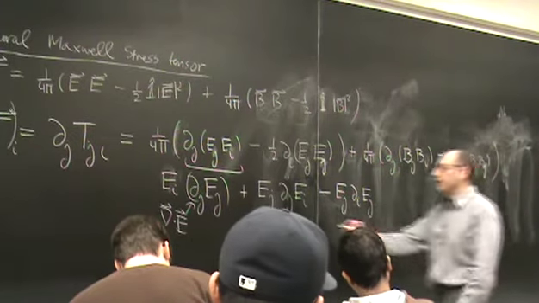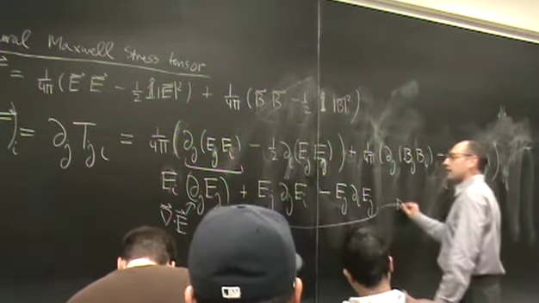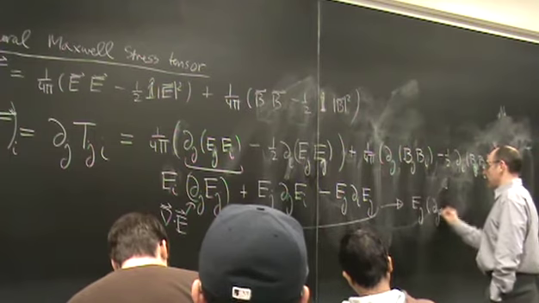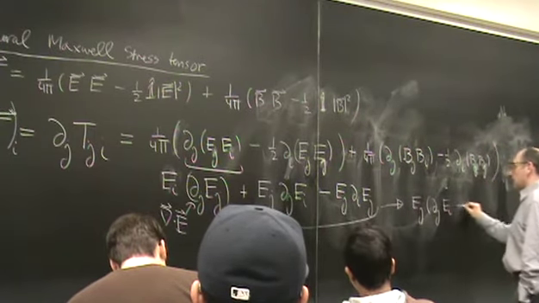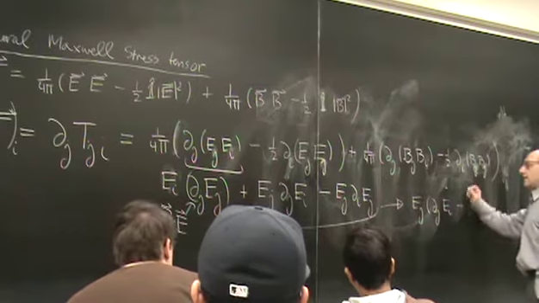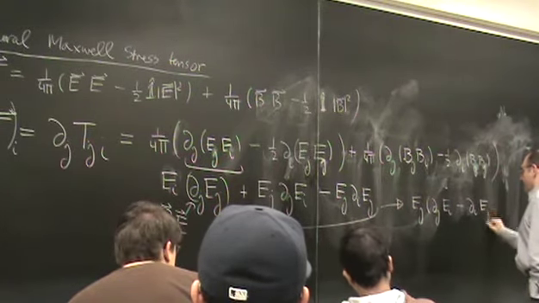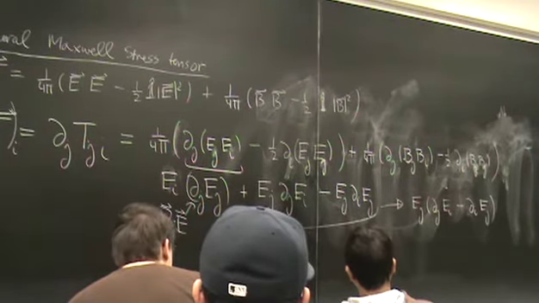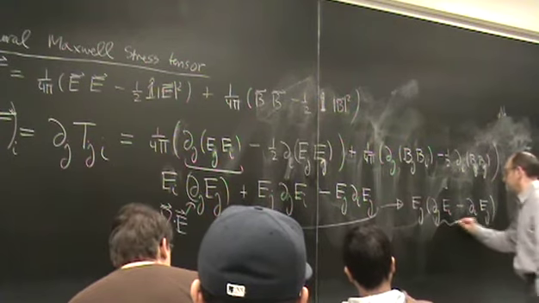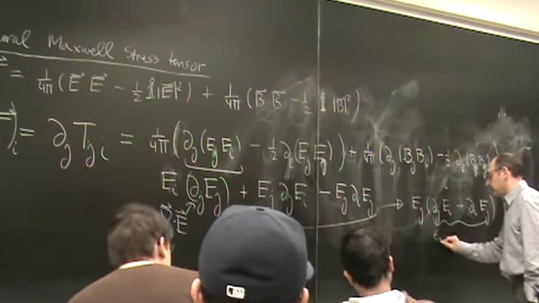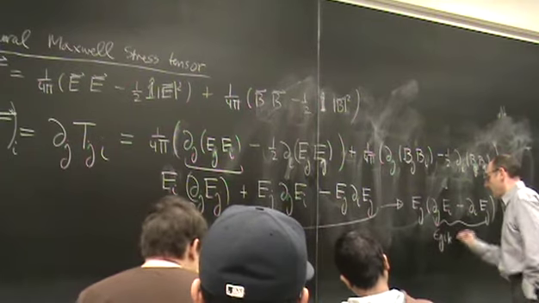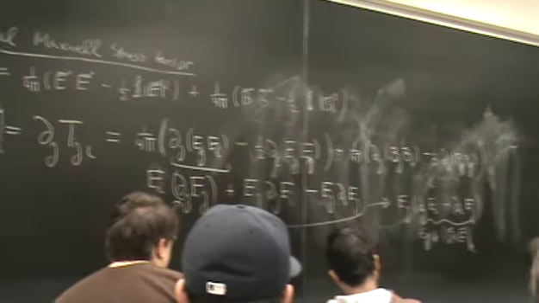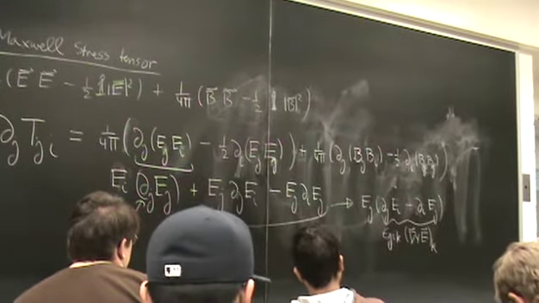So what we have here is equal to E_j times d_j E_i minus d_i E_j, which is epsilon_jik, the kth component of the curl of E. This was 0 in the static case, but now it's not 0.